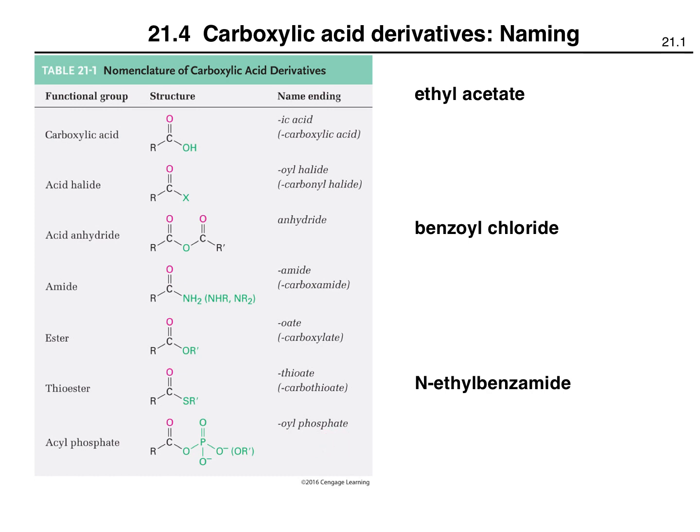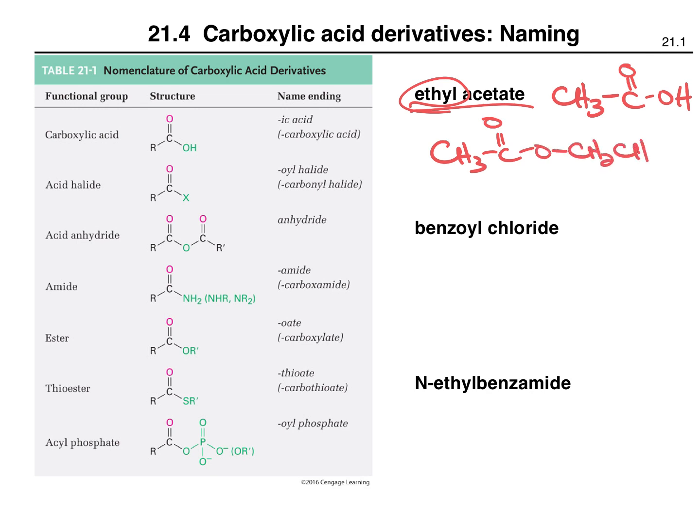So thinking about these general rules, let's draw some structures. If we have ethyl acetate, remember this is based on acetic acid, and then ethyl is what's on the alcohol side. So this is the acetate part, and then here is the ethyl. So this is ethyl acetate. Next, we have benzoyl chloride.